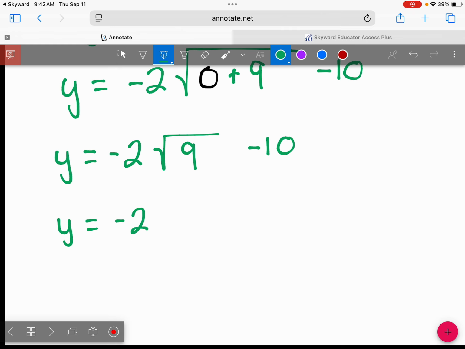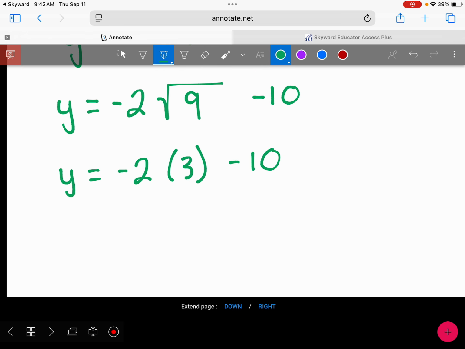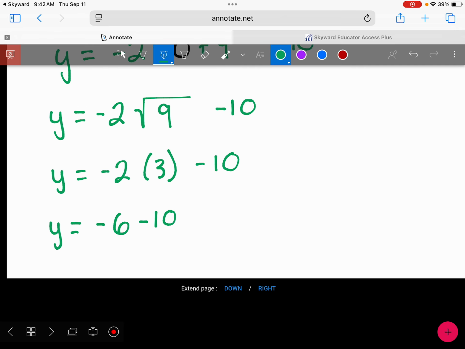What is the square root of 9? 3. So we get negative 2 times 3, giving us negative 6. Minus 10, what's our y-intercept? Negative 16.